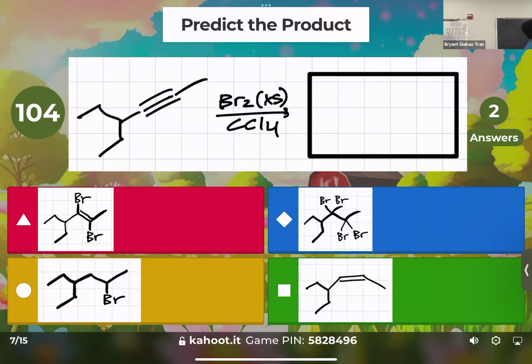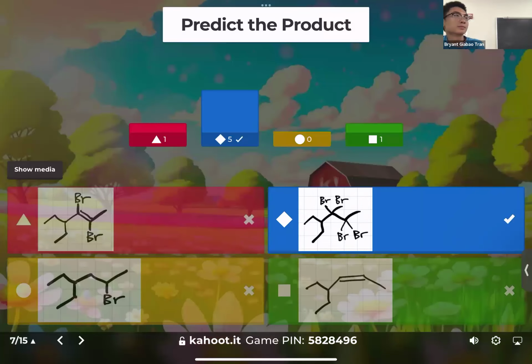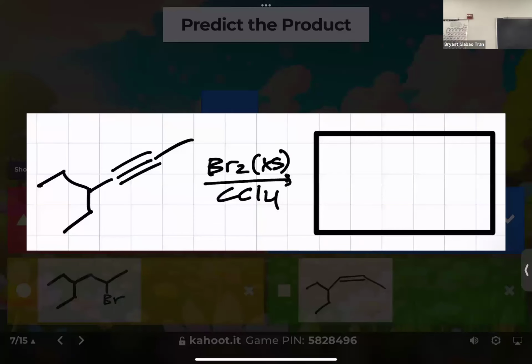Yeah, excess. Okay, so for this one right here, X2 is halogenation, where we are going to add bromine on both carbons of the alkyne, right?